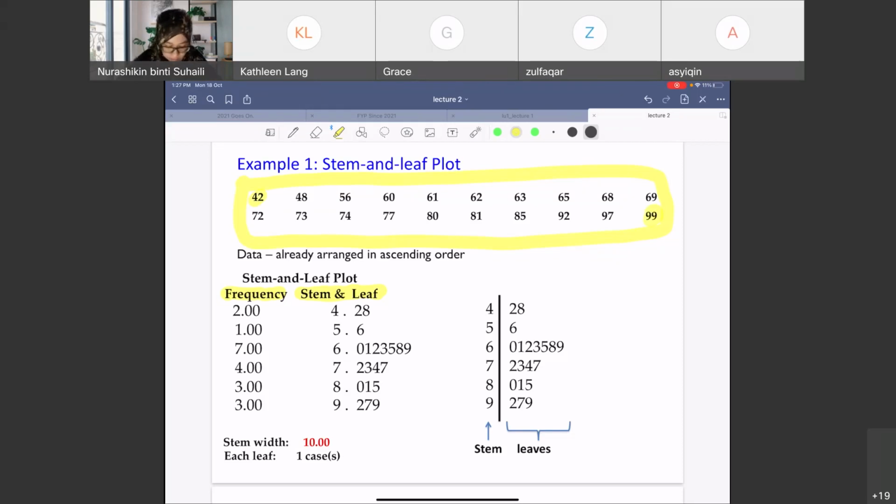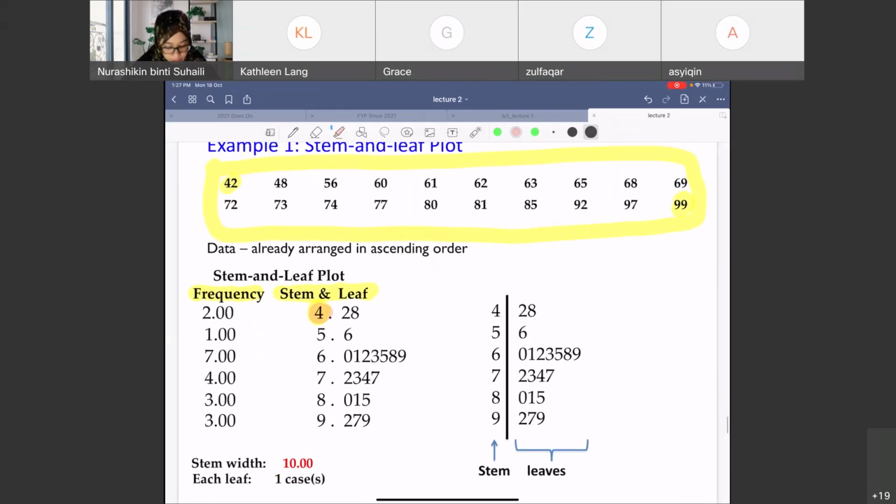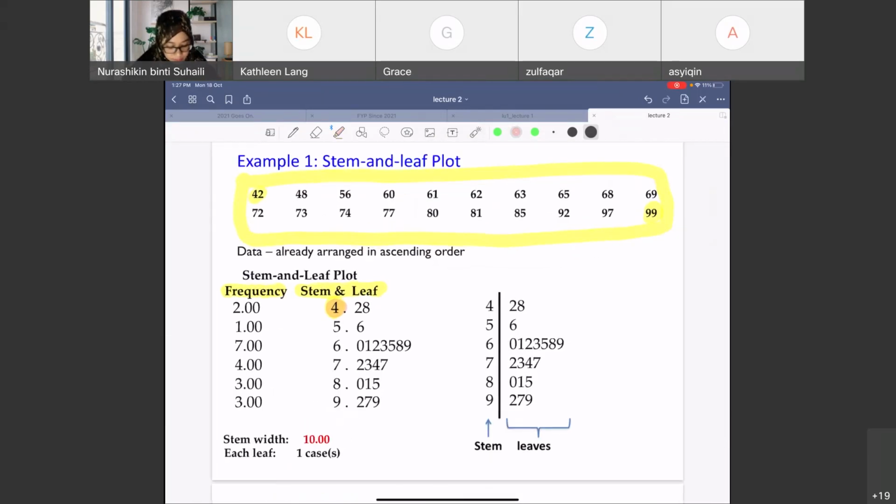So when we want to say that it starts with 40 something, we start with 40. 4 is the stem, and between 40 and 50, there are two values, 42 and 48, right?